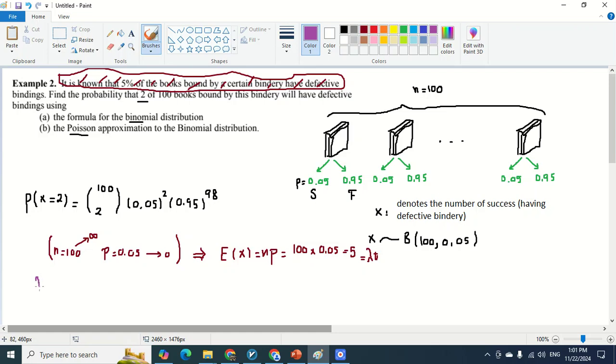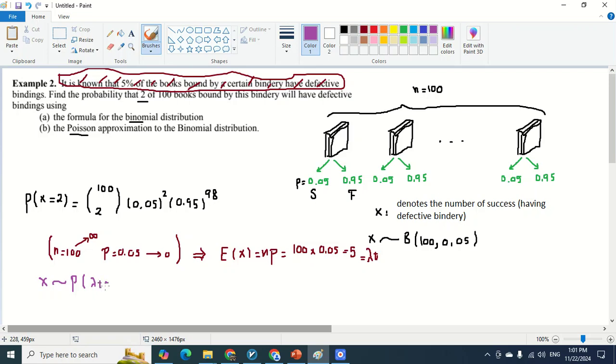With that information, we can solve the question as follows. Again, we can say that x is distributed as a Poisson distribution with lambda t equal to 5.